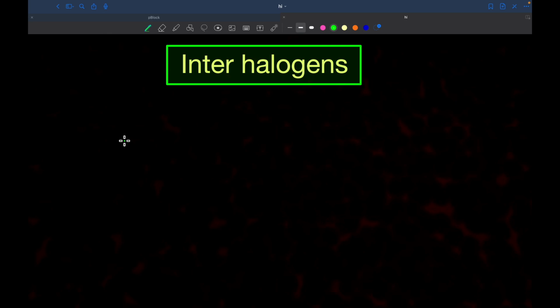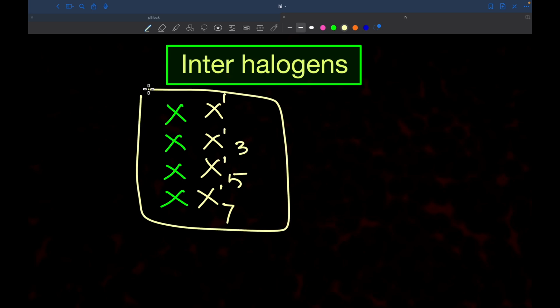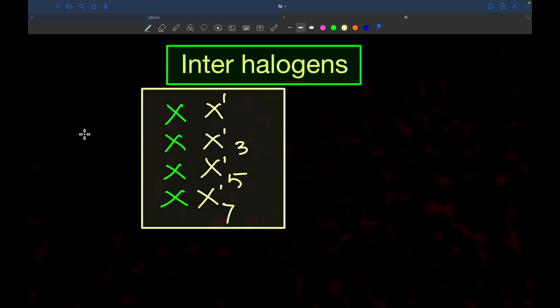So we have types of interhalogens: XX', XX3', XX5', XX7'. We'll show it with the dashes, right? So here it is 7, here it is 5, here it is 3, this is 1. So these are the interhalogen compounds.